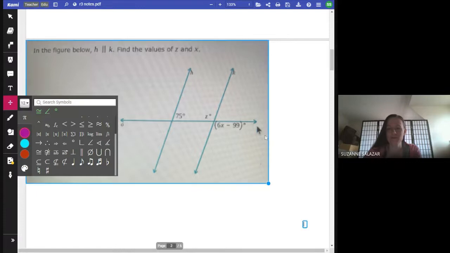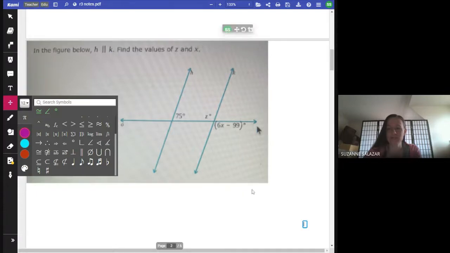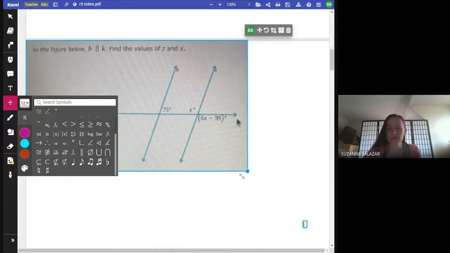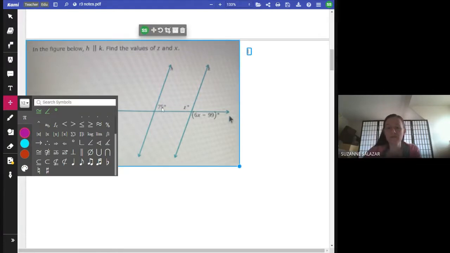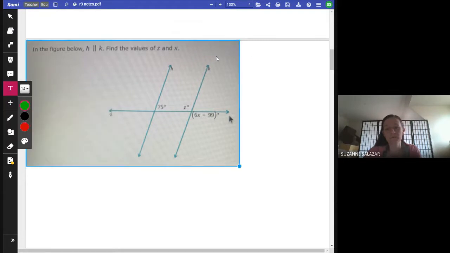So I'm going to go over here. I'm going to make this a little bit smaller because I can't click on top of the pictures. And so the 75-degree angle and angle Z are same side interior angles.